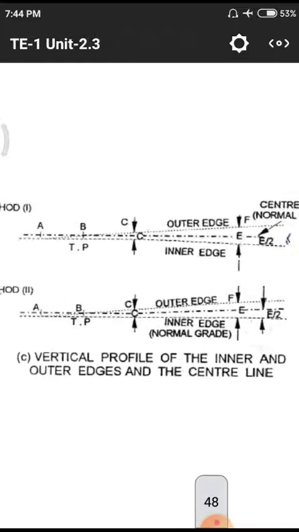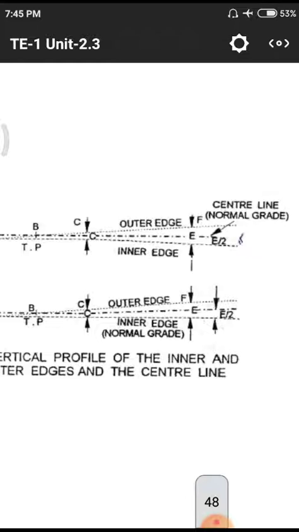But in the second diagram we have different notations: outer edge and inner edge, E value, E by 2, and all those differ somewhat. That means the profile is the same but there is some fractional difference with respect to the road pavements and others. Those things we need to observe.